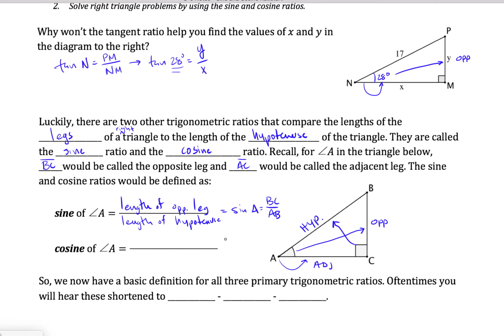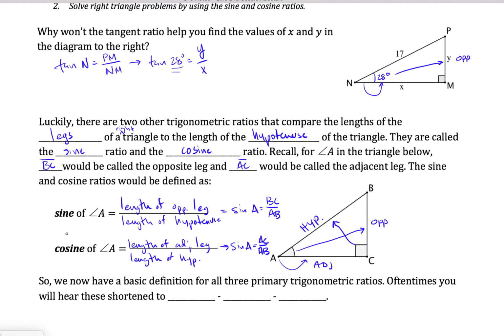The cosine ratio of angle A is going to be the length of the adjacent leg divided by the length of the hypotenuse. Or in this case, the cosine of angle A would be the length of AC divided by the length of AB, the adjacent leg divided by the hypotenuse.